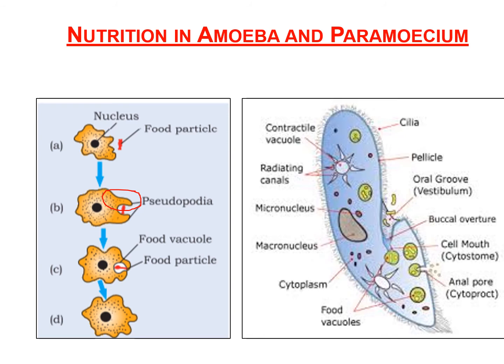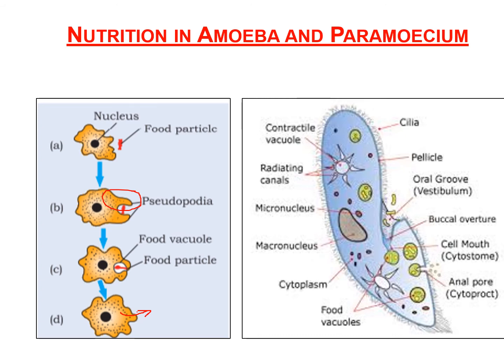These pseudopodia encircle the food particle, and the food particle is digested within this food vacuole and the food is broken down into simpler substances which are absorbed by the cytoplasm, and the waste is then thrown out through the cell surface.